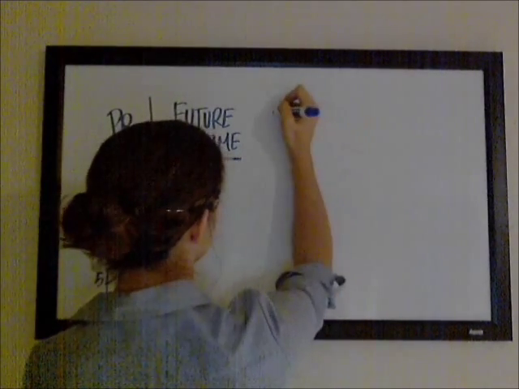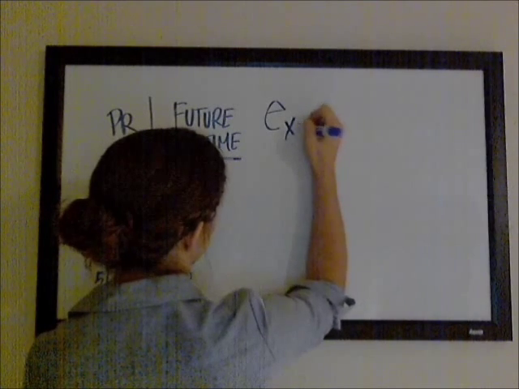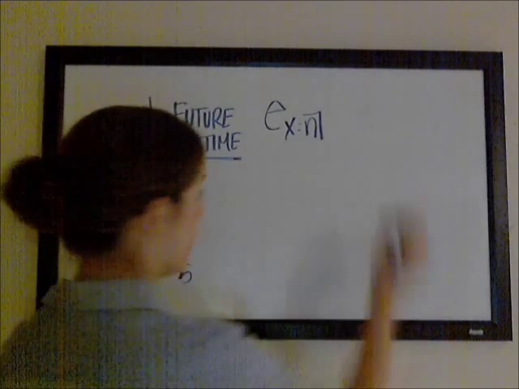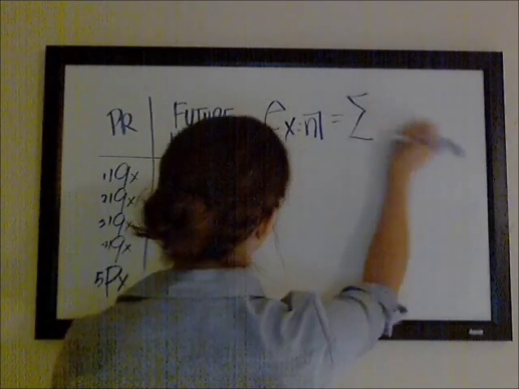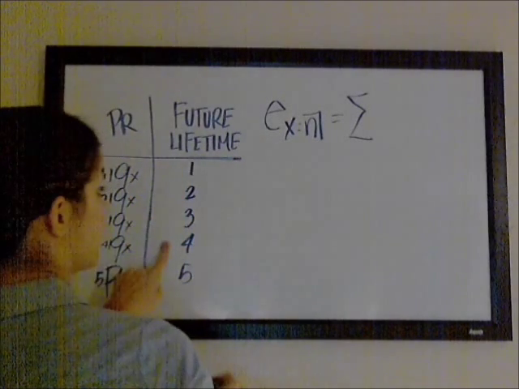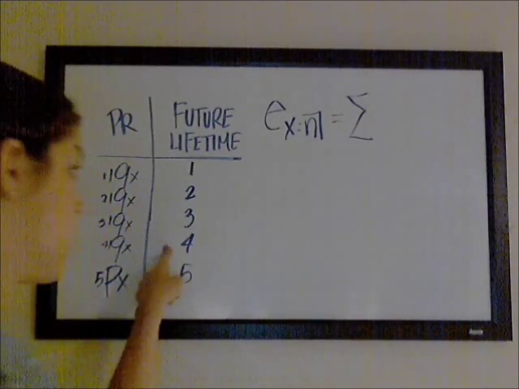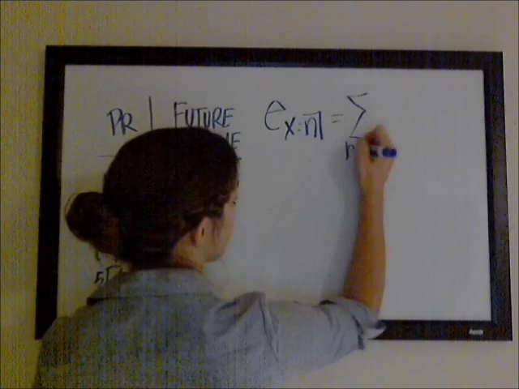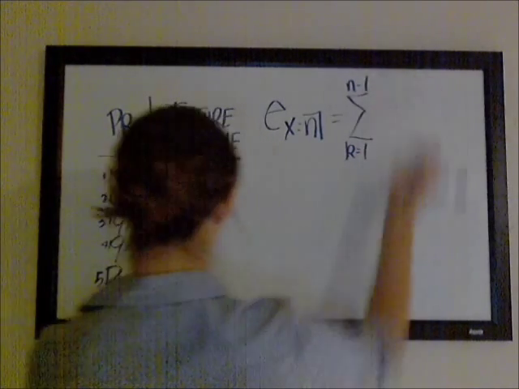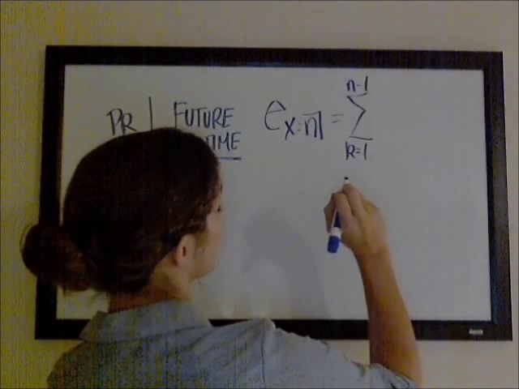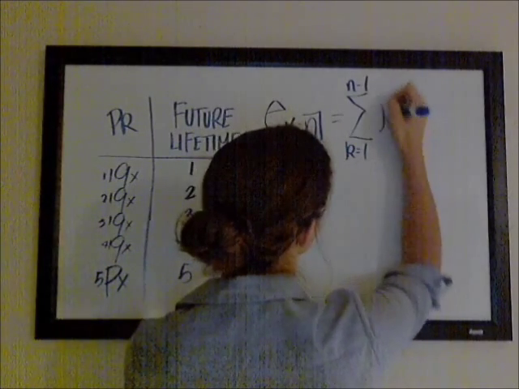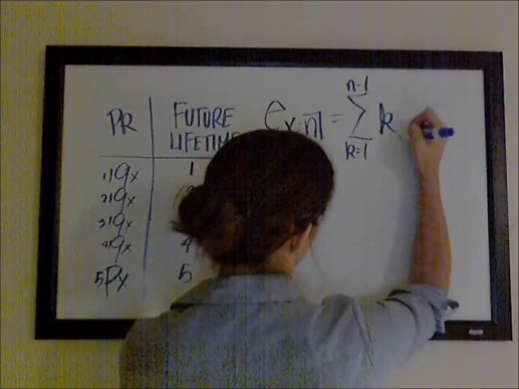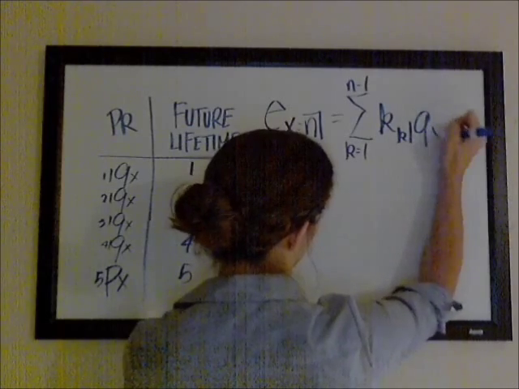Okay, so the n-year temporary curtate expected remaining lifetime for x looks like that. It's going to be the sum of all the values that k can take on up until just before that last one. So whatever n is minus 1, k goes from 1 to n minus 1, or here 4. The value that the future lifetime can take on times their corresponding probabilities.